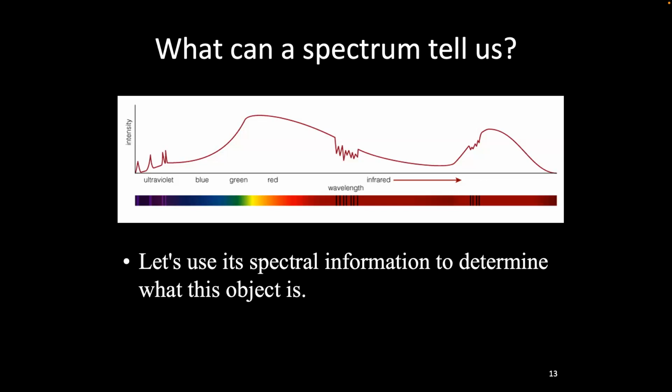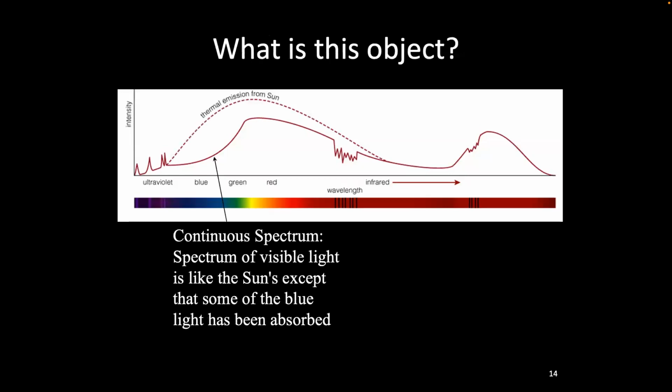What about this thing over here? What color is this? Infrared. What does infrared mean? Heat. So this is emitting in the infrared. So this must be a source of heat. Oh, interesting. Okay, so what is this object? In fact, this is thermal emission from the sun. And this is the source that is either absorbed or reflected.